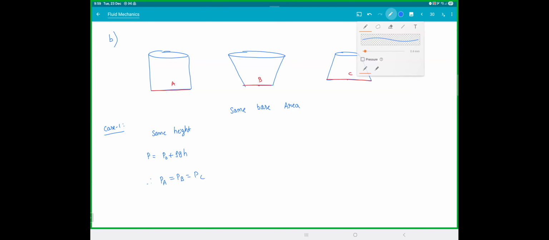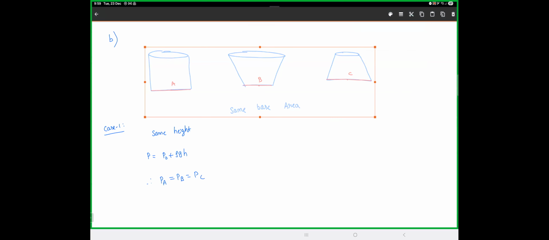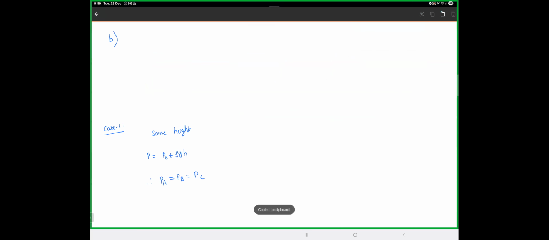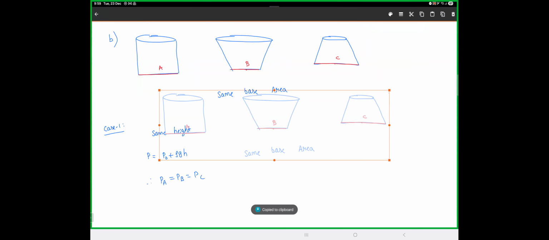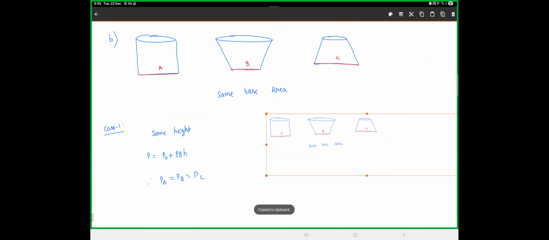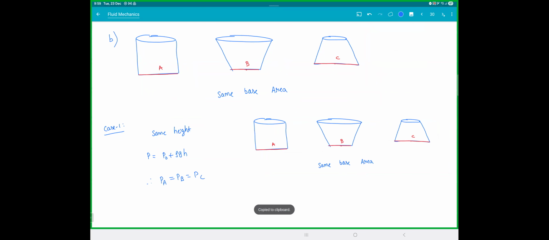What about case 2? When you pour the same amount of liquid, you can clearly see, let's say A's height is this much. B's height will definitely be lesser because it is getting broader on the top.